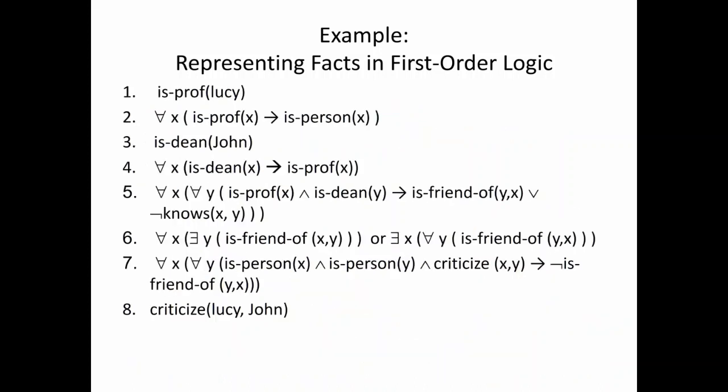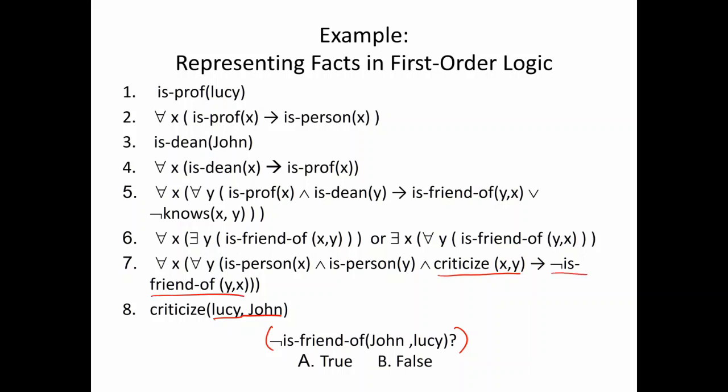If you happen to translate all 8 sentences, here are the solutions. Good for you. And the question to you is, is this statement true or false? Well, Lucy criticized John, and if Lucy criticized John, then John is not a friend of Lucy.